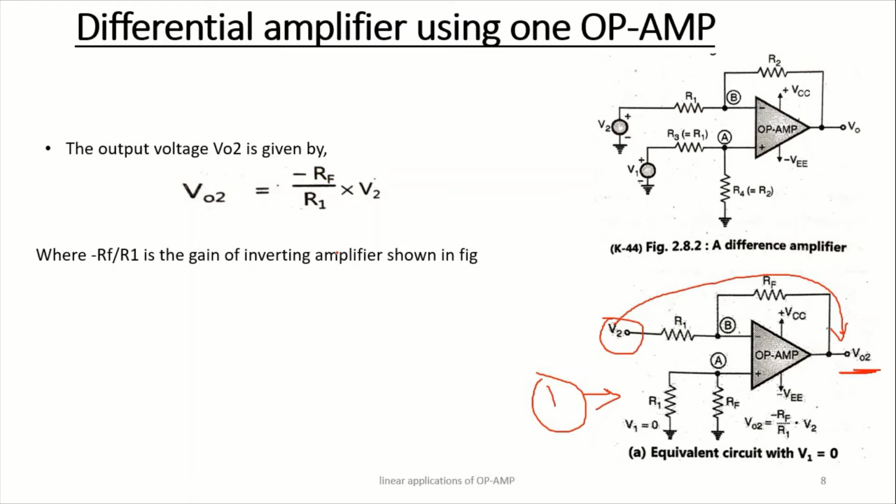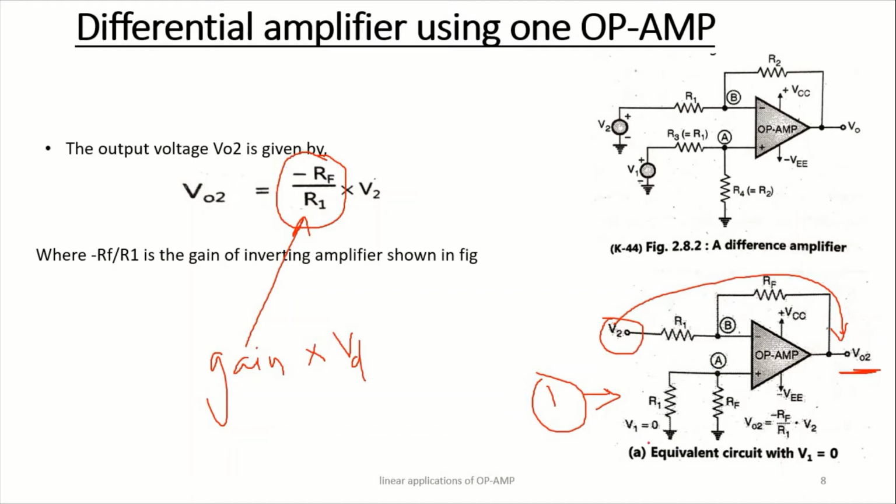The op-amp output voltage is given as gain into the differential signal VD, right? Here this circuit becomes an inverting amplifier circuit, and we already know that the gain of the inverting amplifier is minus RF upon R1.